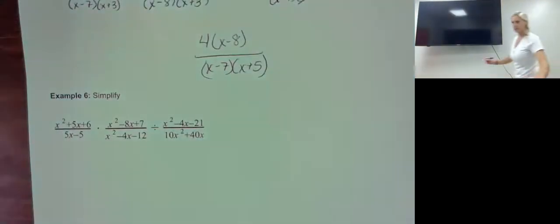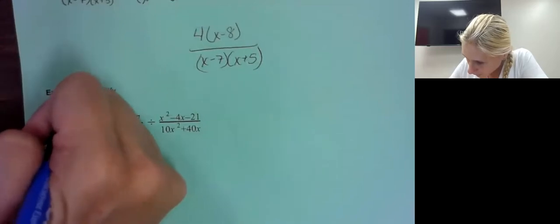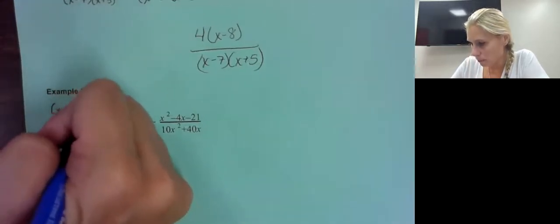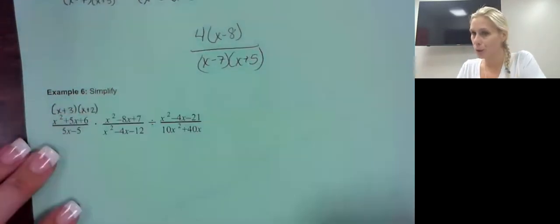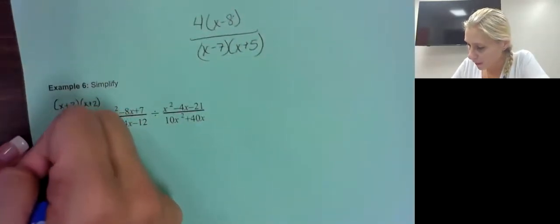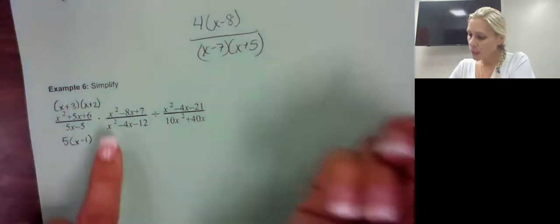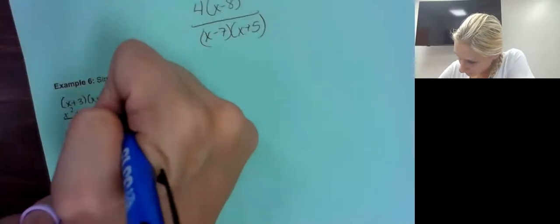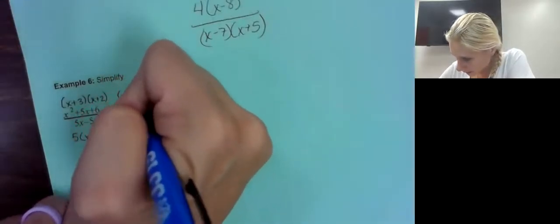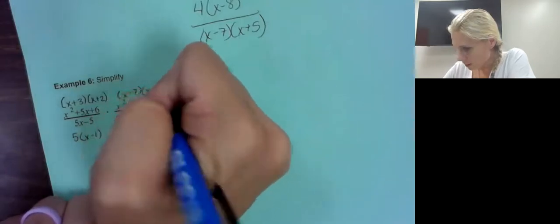Yep. All right, I'm going to factor first. So this is x plus 3 times x plus 2. Again, do your box or your grouping. On the bottom here, what do they have in common? They have 5, leaving x minus 1. Here we have x minus 7 times x minus 1.